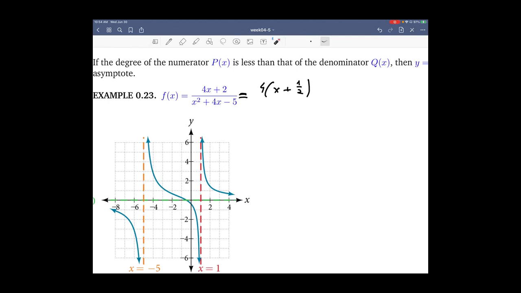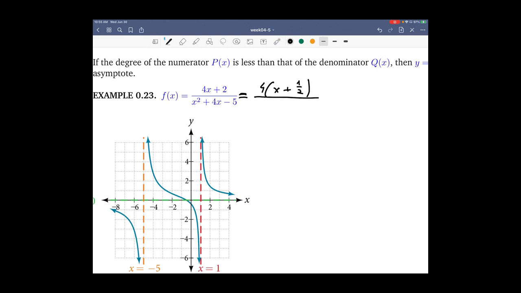Which implies that x equals negative 1/2 might be an x-intercept. I'm saying might be because I haven't yet checked that negative 1/2 is not a zero of the denominator. If it's a zero of both the numerator and the denominator, it will be a point of removable discontinuity.